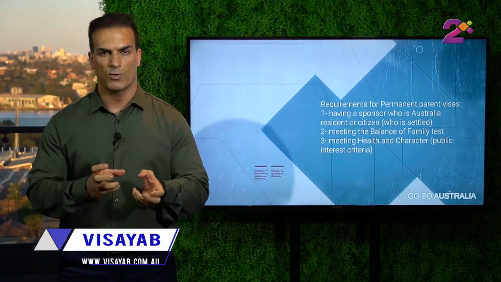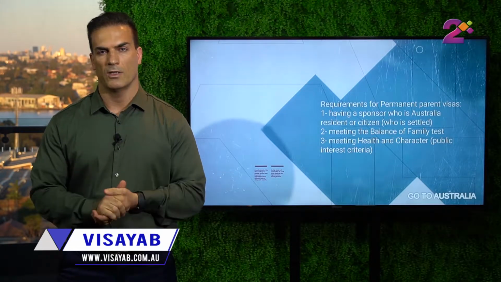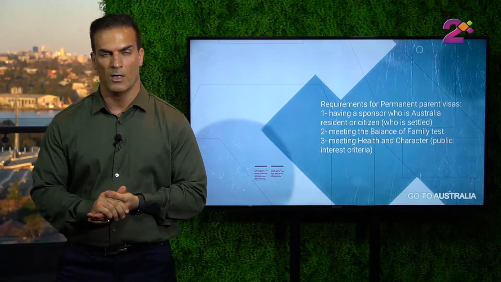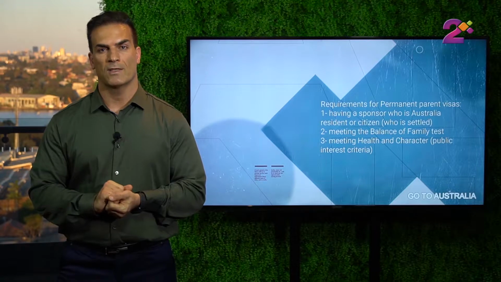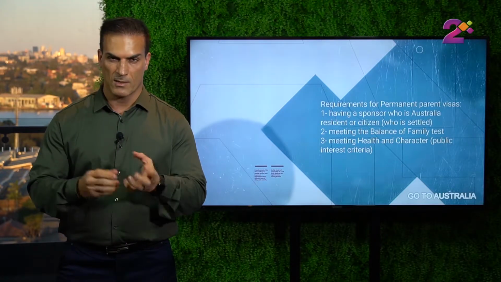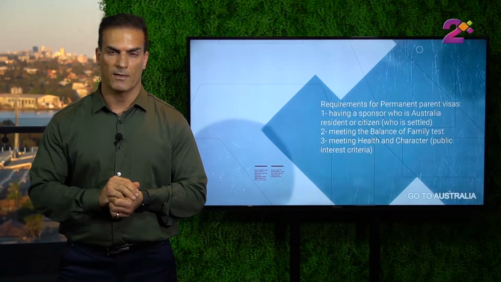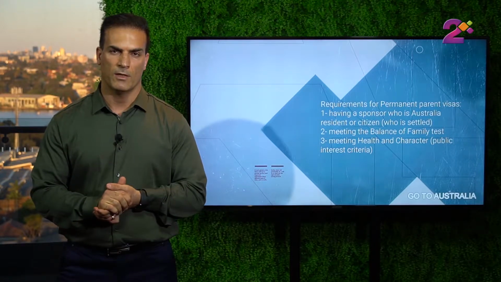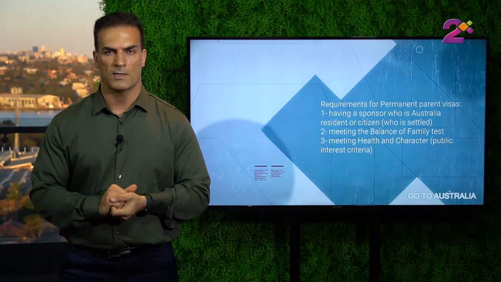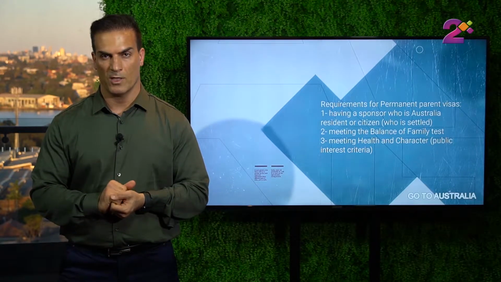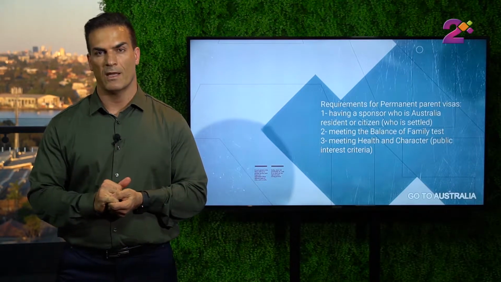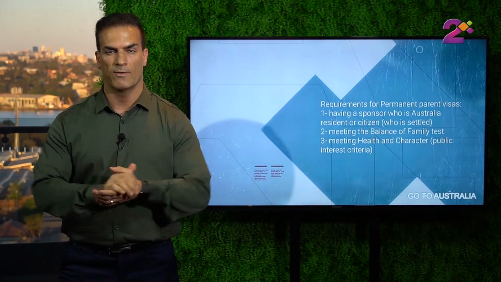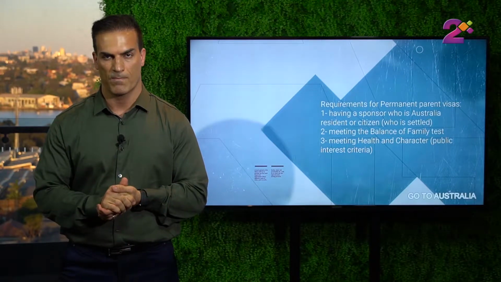The meaning of settled has been defined by the policymakers here as someone who has been living in Australia legally for at least 2 years. Obviously, this can be interpreted differently in different scenarios, but this is a common policy. For a resident of Australia to be able to sponsor their parents, they need to be settled, and that means they have been living in Australia for at least 2 years.